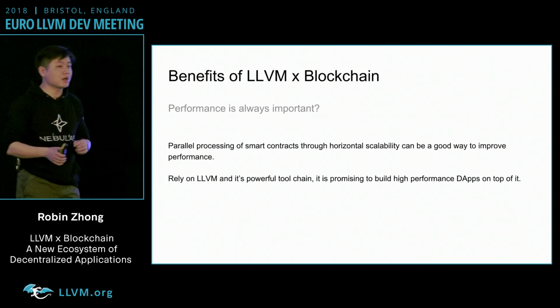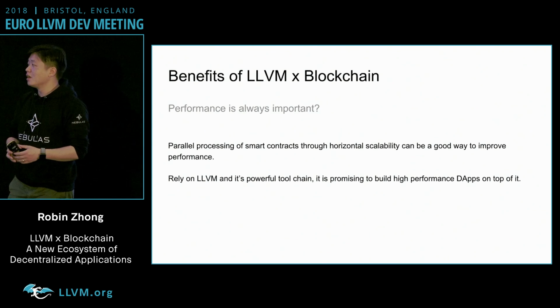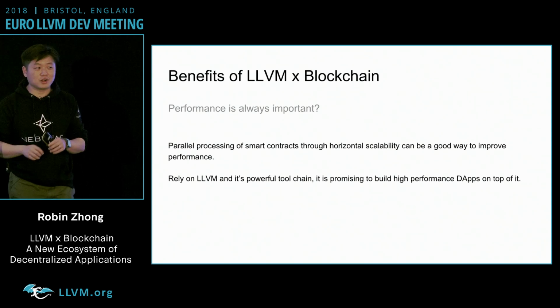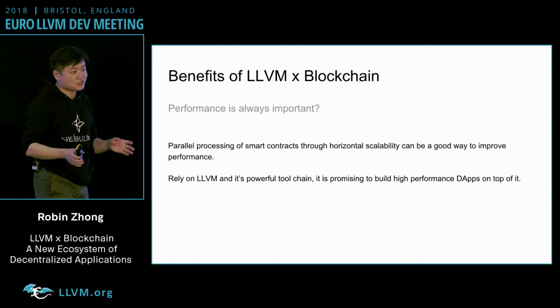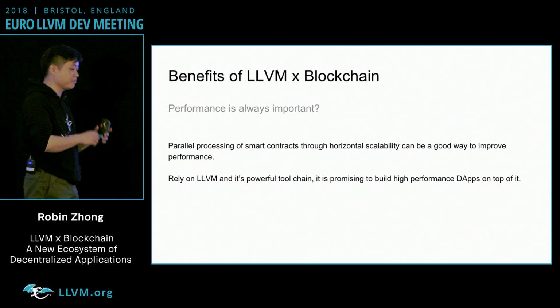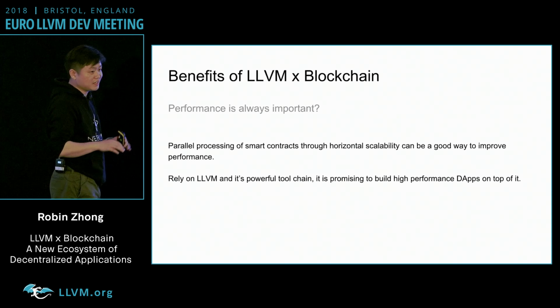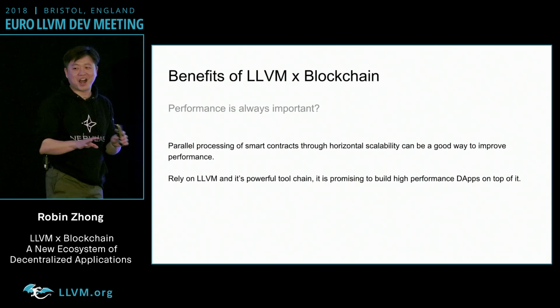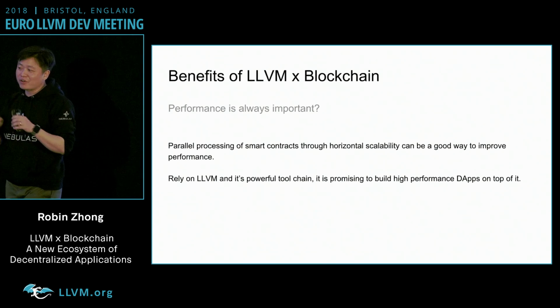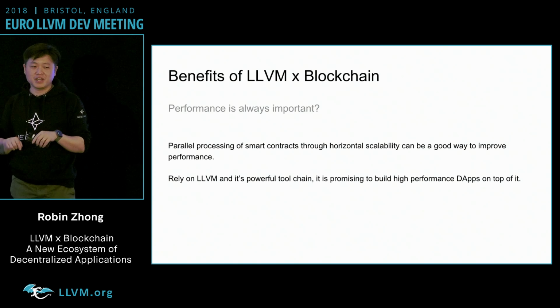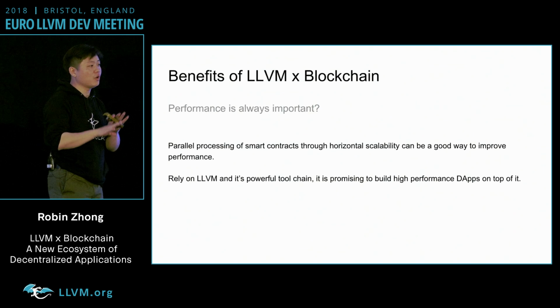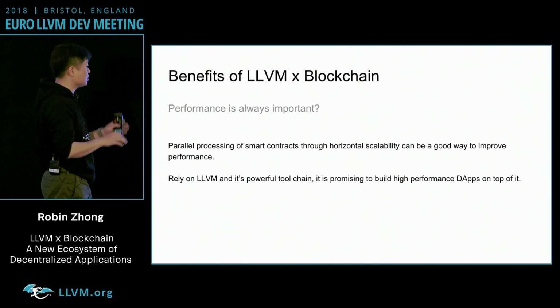The last thing is about performance. This is my first time attending this conference, and I saw a lot of topics are about performance and security. That is what you are working on. So I think performance in the LLVM community is not a big deal, you are always doing that.